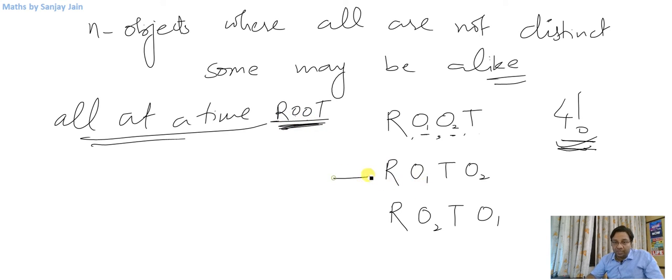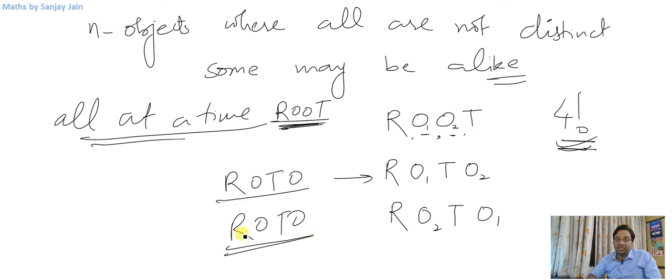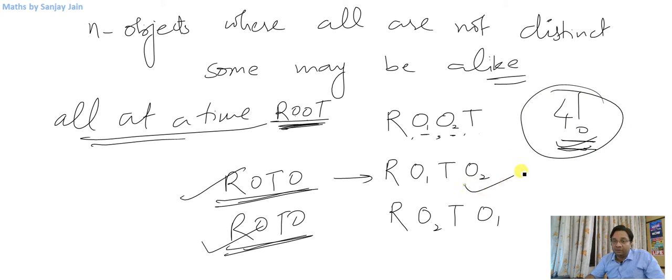So whether you take this arrangement ROTO or ROTO, these are going to be the same arrangements, right? These are not different arrangements. So what is happening is, if I simply say 4 factorial, so I am over counting these arrangements. Okay, so this is one of the over counting that I have done here, right?